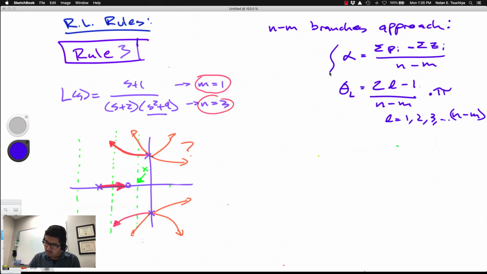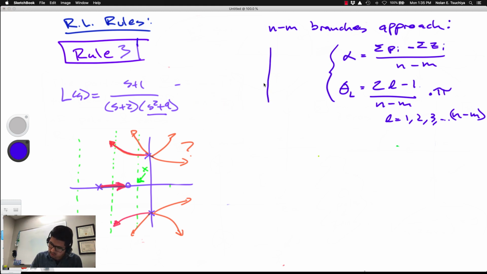Okay, and then the picture for this looks like this. Alpha would be a point on the real axis, and then the angle that the asymptote radiates out from is given by your thetas. And there may be several of these thetas. In fact, there will always be n minus m of those thetas that you have to compute.